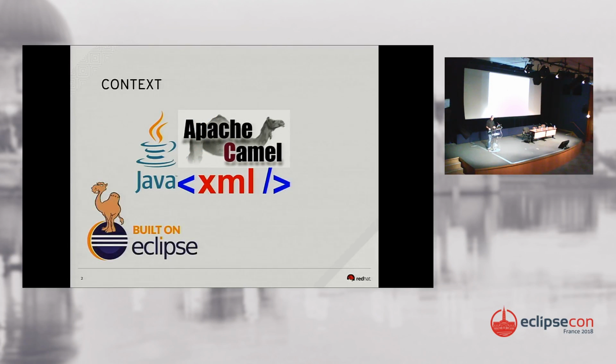For several years, there was some tooling which was based on Eclipse. This tooling was mainly graphical, using property views and so on, and there was not a focus on the textual part of the edition. And in the community of Apache Camel, some people were not happy with that.